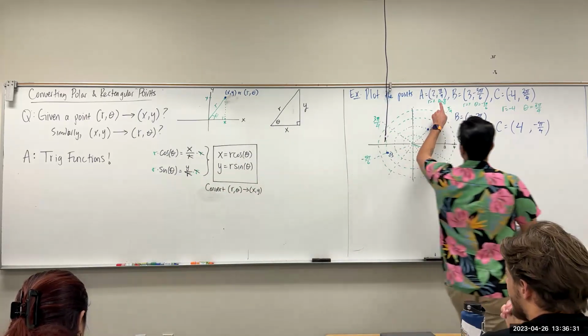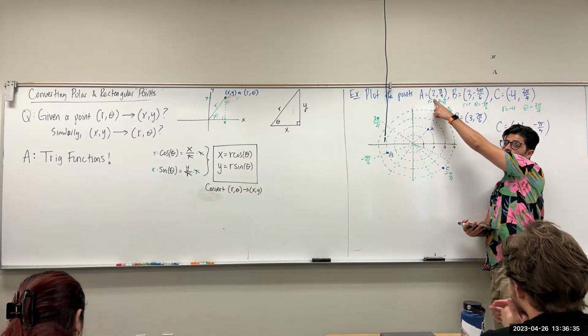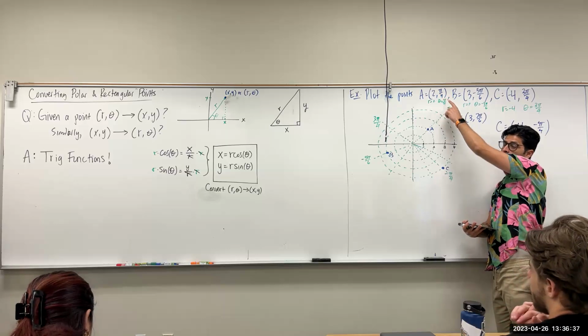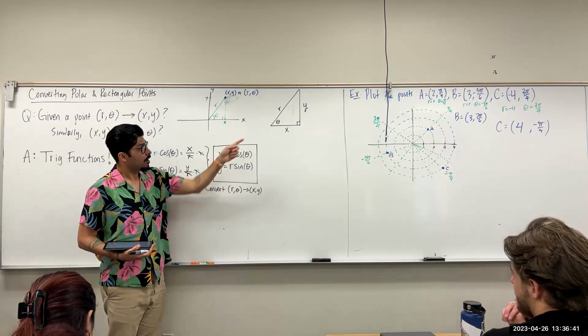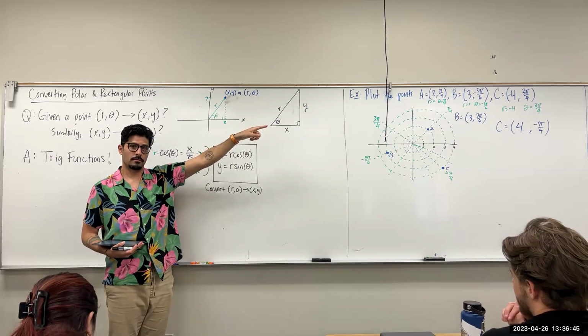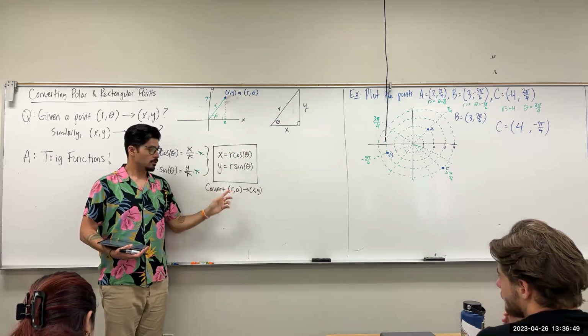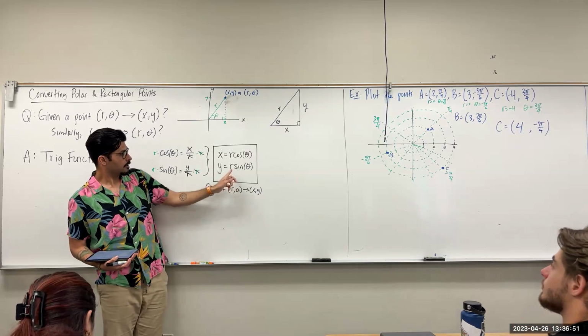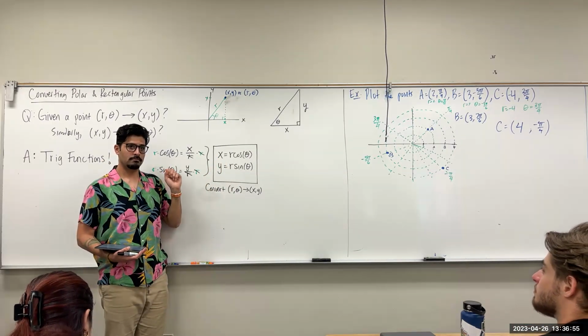Well, look, this is a polar point, right? You know the r value, you know the theta value. So this tells me that the x coordinate has to be that r value times cosine of that angle, and that'll give you the x coordinate. And the same thing with the y. So given the r's and the thetas, you plug them in here and it'll spit out what x and y are. Right?